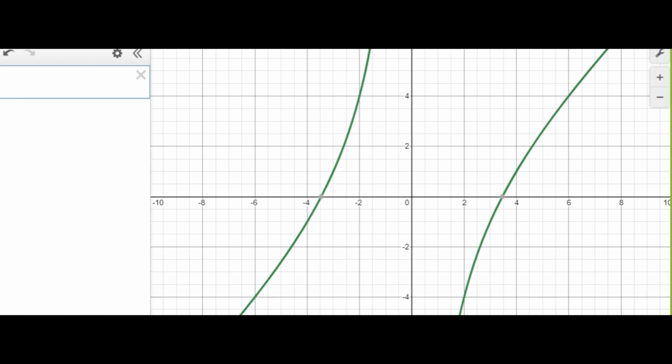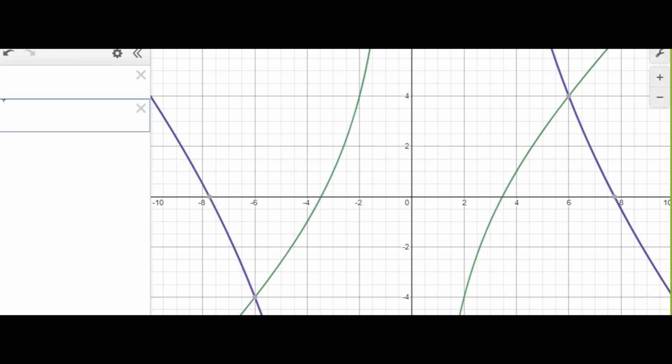And the second equation is x squared plus xy equals to 16. Okay, so that's it. This is your 6, 4. Yes. And this is minus 6, 4.